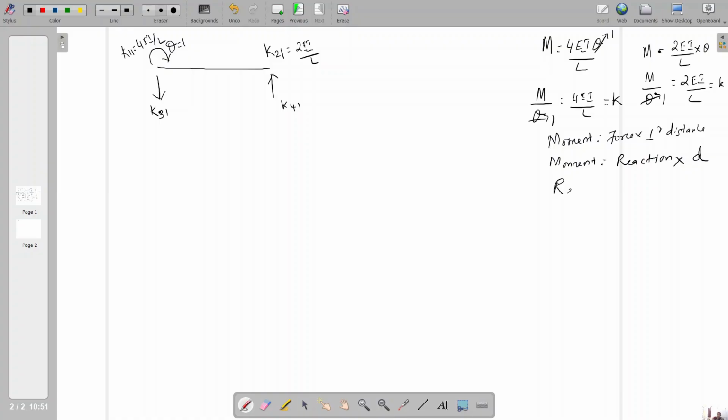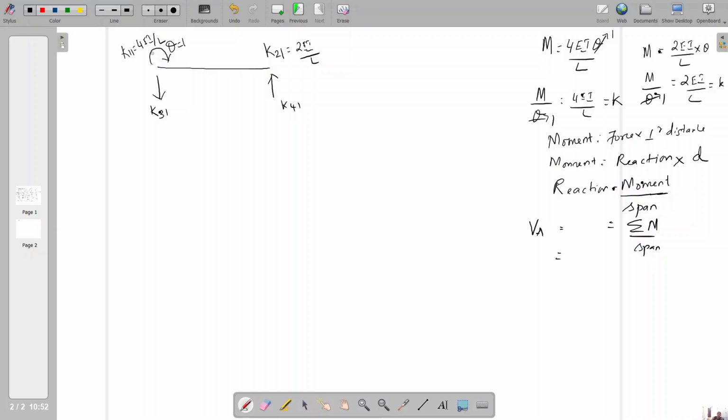If you want reaction, it can be rewritten as moment by the distance, which otherwise can be written as span. So reaction equal to moment by span, and the reaction can be calculated as summation of moment by span. So we can calculate VA as summation of moment by span.